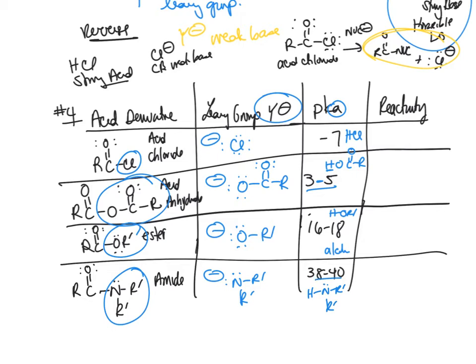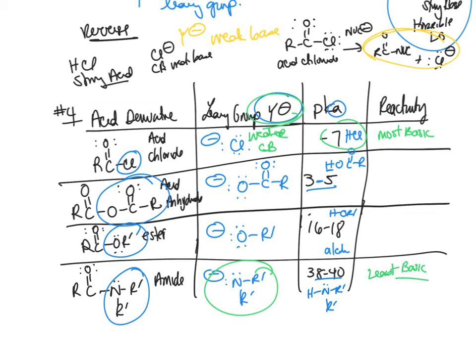Okay, so what does it say? Based on the pKa values given, which Y is the most basic? So strongest acid, weaker conjugate base. So the Y that we're talking about is the most basic. Which Y group is the least basic? So this one here would be the least basic leaving group.